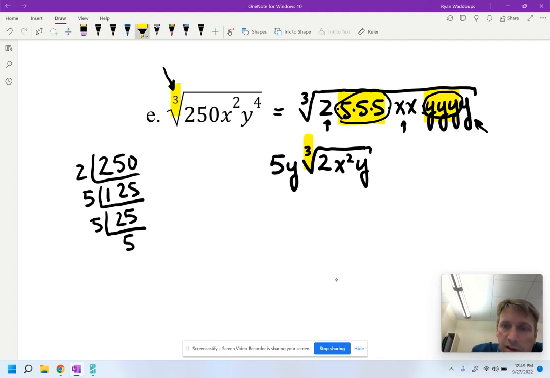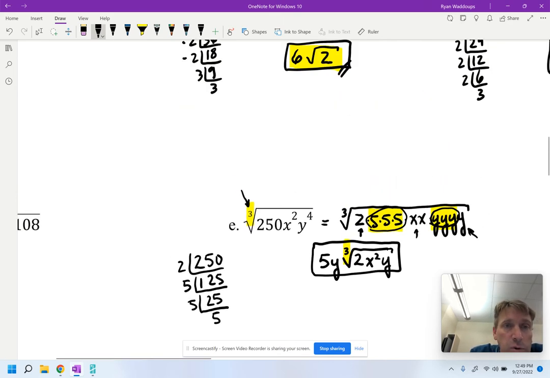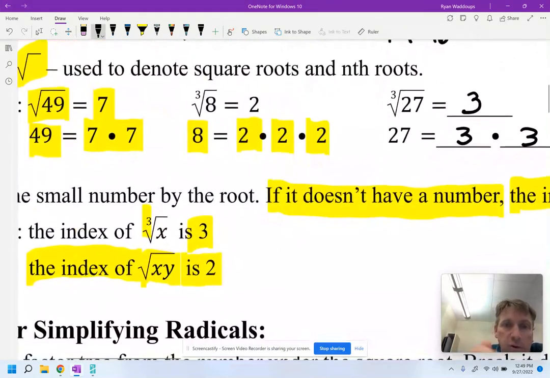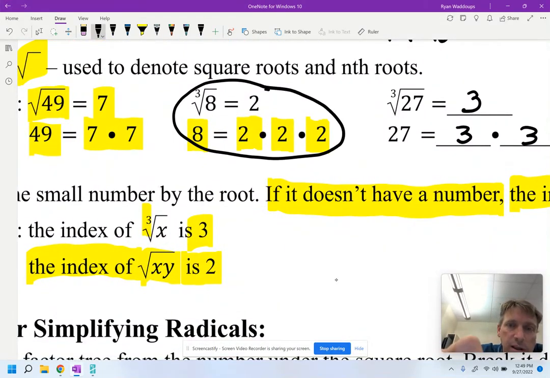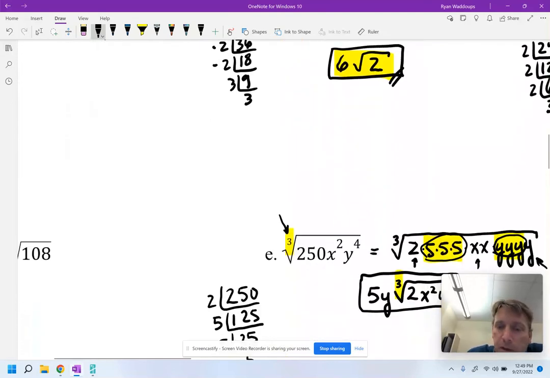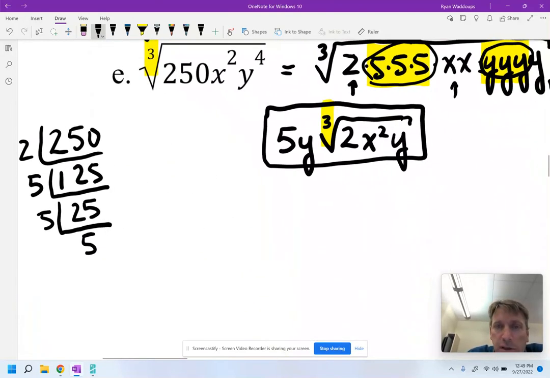You started with a cube root, you need to have a cube root in your answer. Unless, of course, it's like the cube root of 8, like we had up above here. The cube root of 8 is 2. It just was a whole number, 2. But if you're simplifying the radical, you need to have that cube root in your answer.